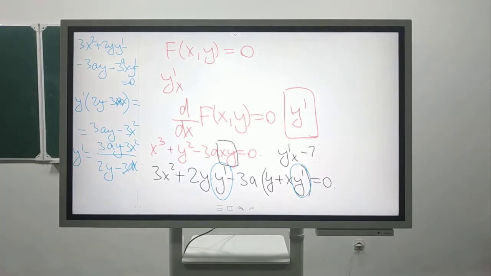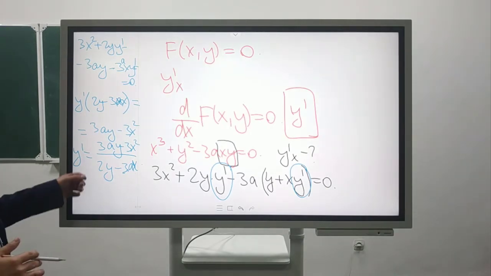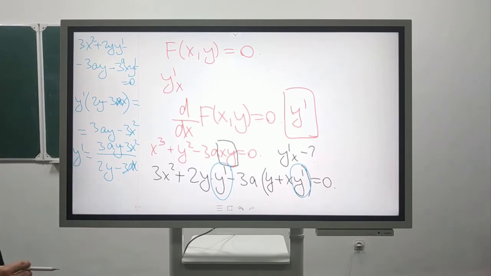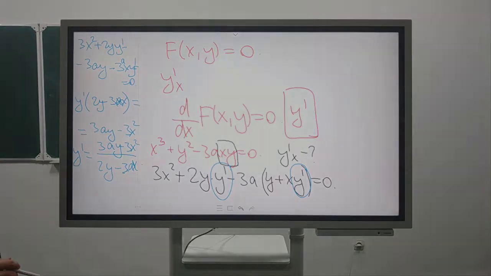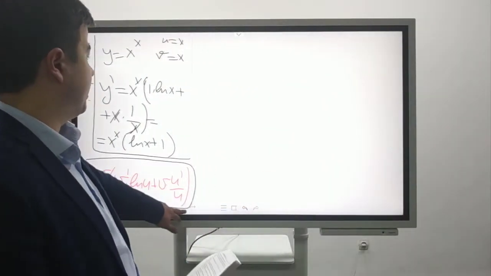Derivative of the function y, and y is depending on x. Derivative of inverse function.